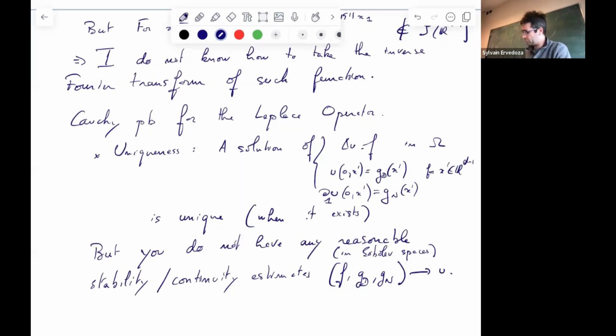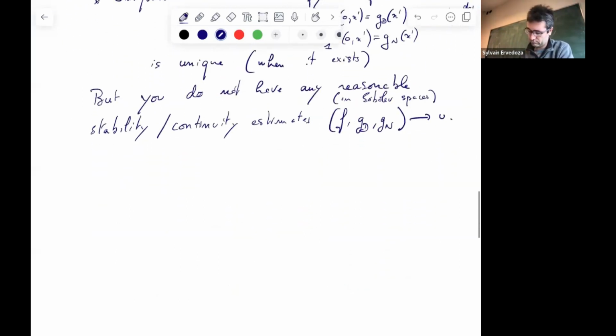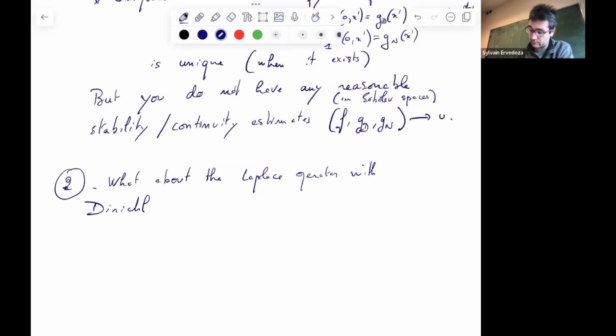But then, there is another point I'd like to mention: what about the Laplace operator with Dirichlet boundary conditions?